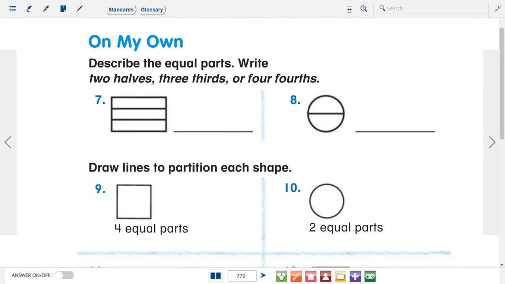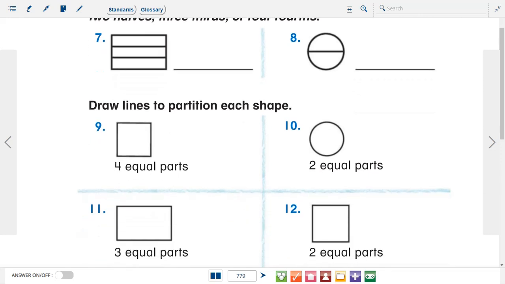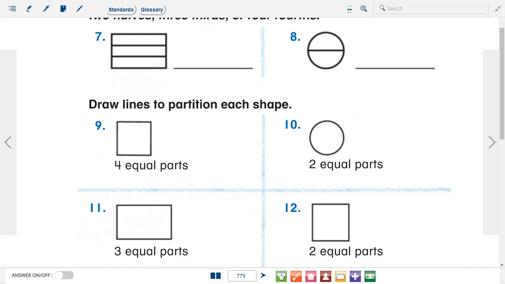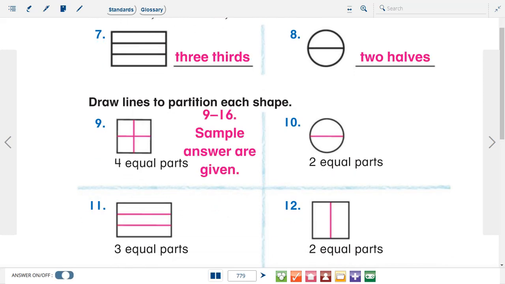Describe the equal parts. Write 2 halves, 3 thirds, and 4 fourths. This is, yes, 3 thirds, 2 halves. Now we're going to draw a line to partition each shape. 4 equal parts. We're going to draw two lines to separate it to 4 equal parts. I will show you the lines. Okay, 2 equal parts.